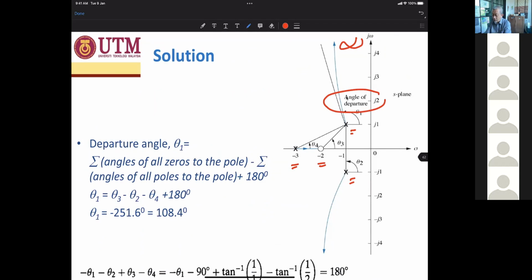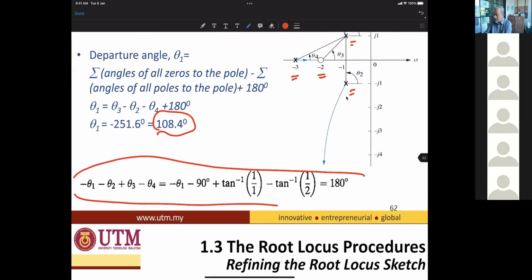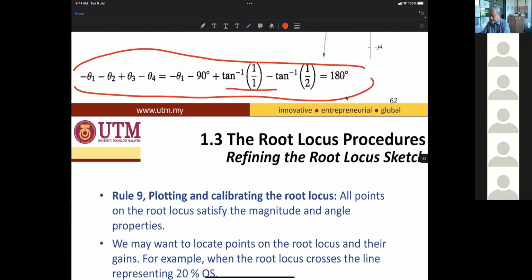Using the Pythagoras theorem or the formulas, you will get the value 108.4, just after 90 degrees. So the formula is: theta 1 is unknown, minus 90 degrees, plus inverse tangent 1/1, minus inverse tangent 1/2, 180 degrees.